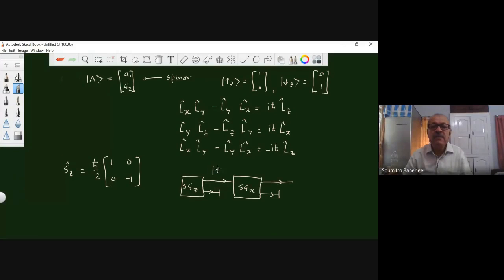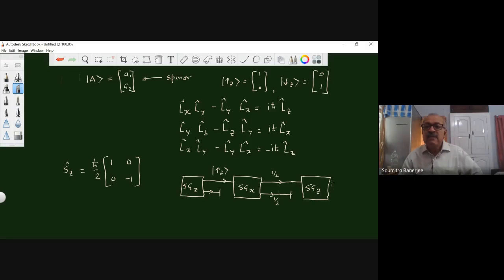So here, it has been prepared in the up z direction. Then when it goes through the x direction, if you allow this to pass, this will be half the component and this will be half the component, up and down. But suppose now we block it off and allow this one to pass to another Stern-Gerlach apparatus, again in the z direction.